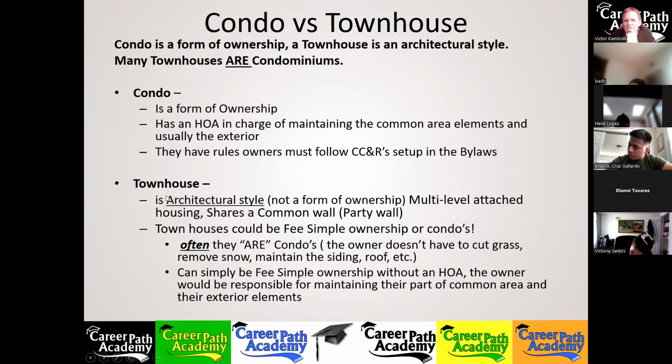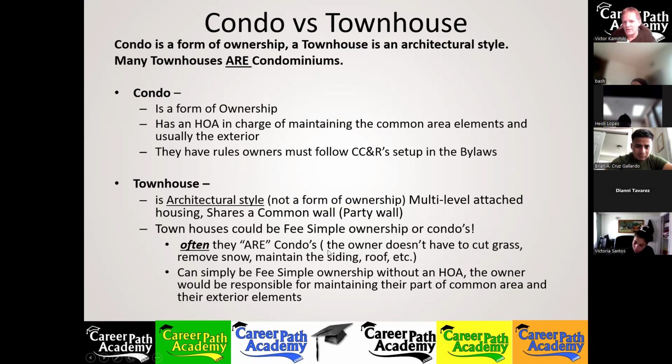Now, townhouse is an architectural style. It's not a form of ownership. It is multi-level attached housing where multiple units are connected to each other. They share that common party wall that we learned about. So townhouses could be fee simple ownership or they can be condominiums.